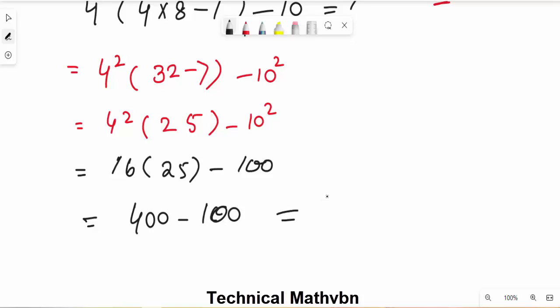So the simplest answer is 300. You can see the answer is 300.